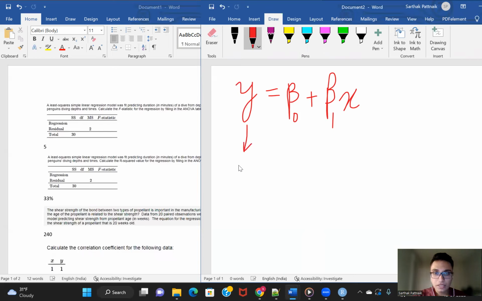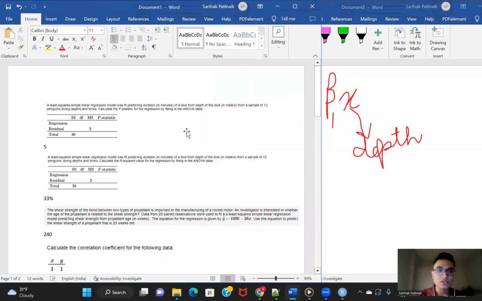Here, y is the duration of dive, and x is nothing but my depth of the dive. Based on this equation, or rather based on the data available from a sample of 12 penguins, they have calculated the ANOVA table for this simple linear regression model.